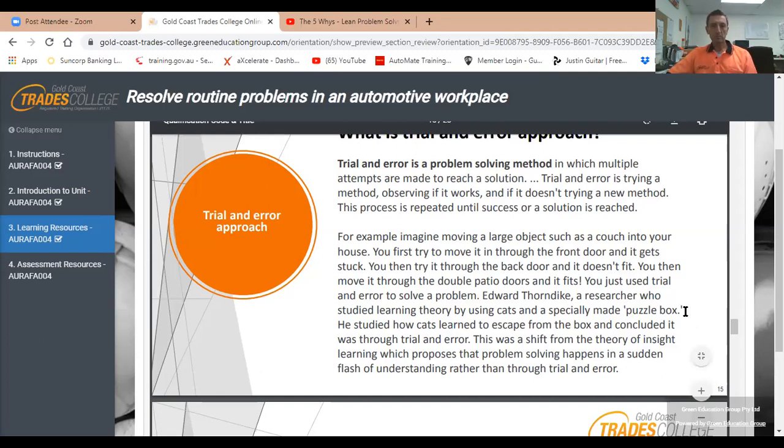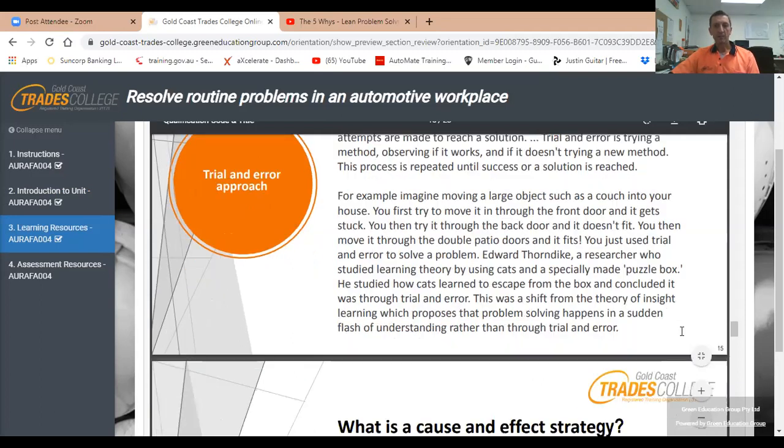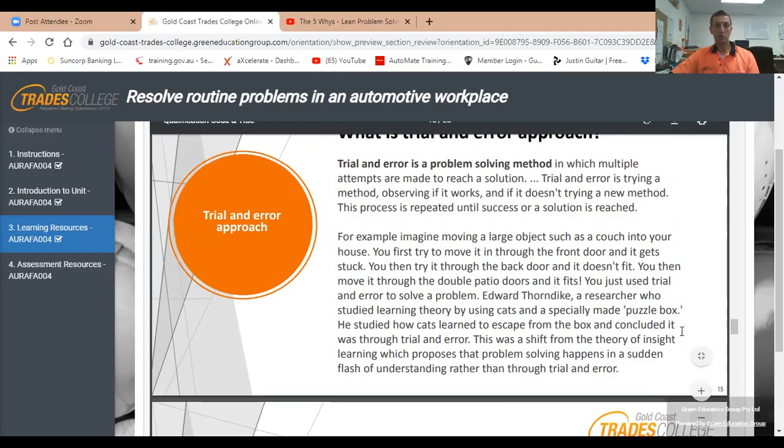So a couple of different theories at play there. He realised that these cats worked out the puzzle by trial and error rather than insight. And you can see how that's a valid approach to problem solving, trial and error.